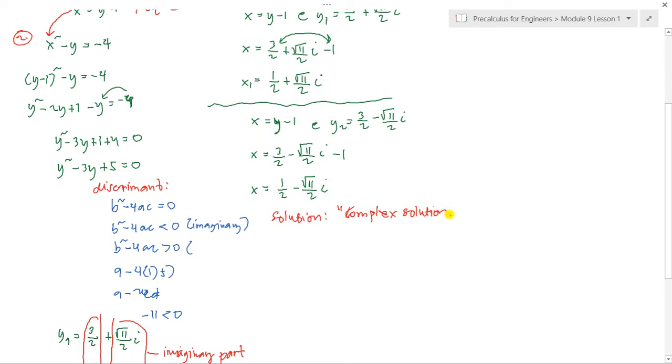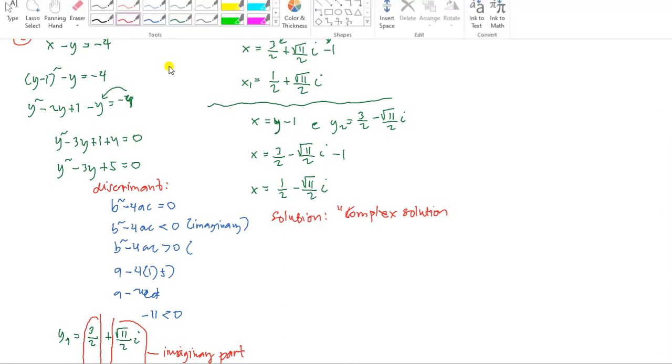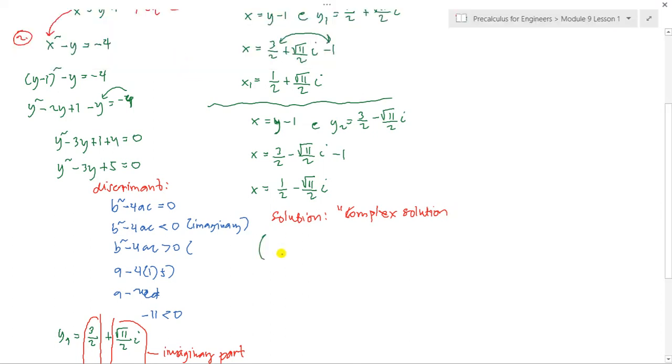Our complex solution in ordered notation: x sub 1 is 1 half plus square root of 11 over 2i, and its y counterpart is 3 halves plus square root of 11 over 2i.